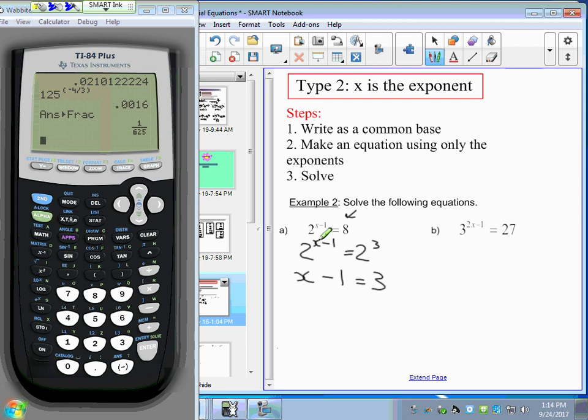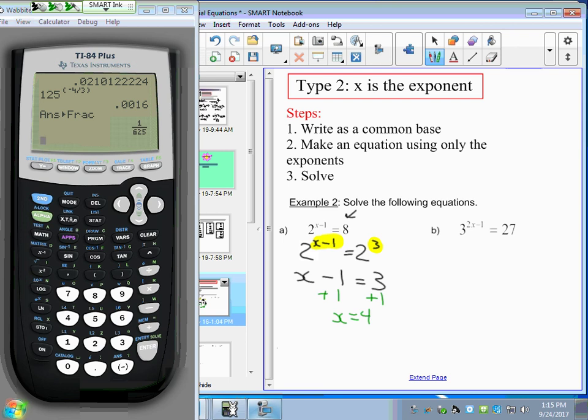So we only take out the exponents. But we can only do that once the bases are the same. Just like in rational expressions, we can only do that once the bottoms are the same. And now we have this beautiful, easy type 1 equation to solve, where we have x minus 1 equals 3. We add 1 to both sides, and we get x equals 4.